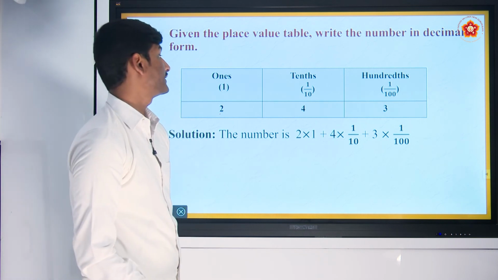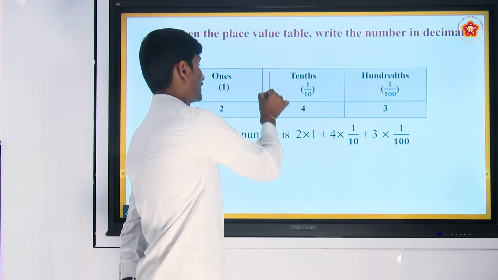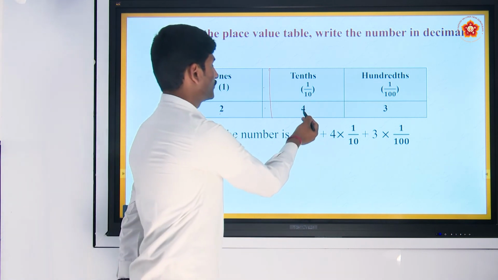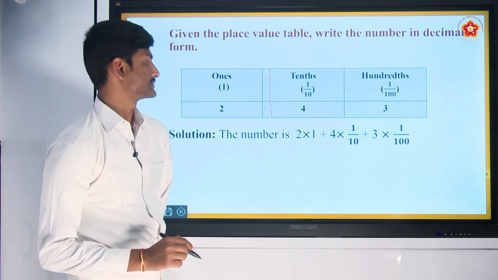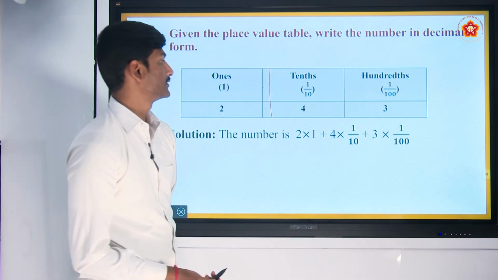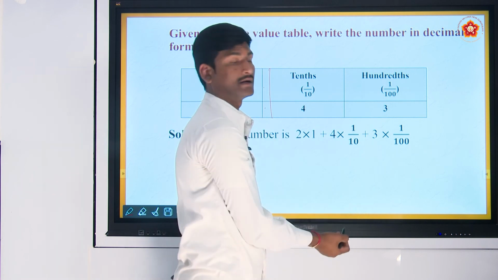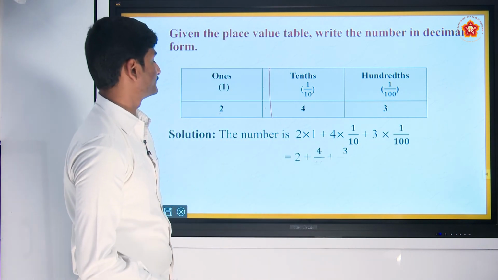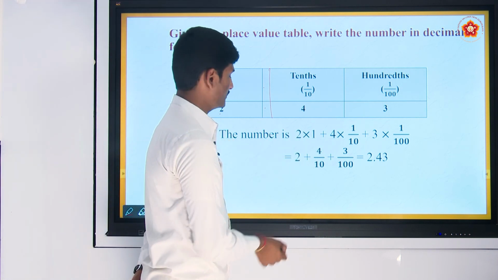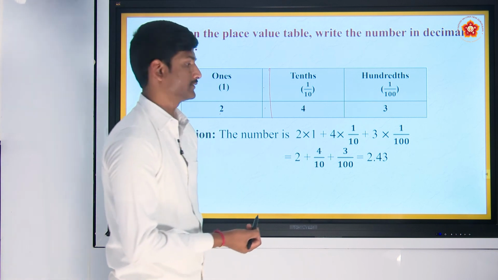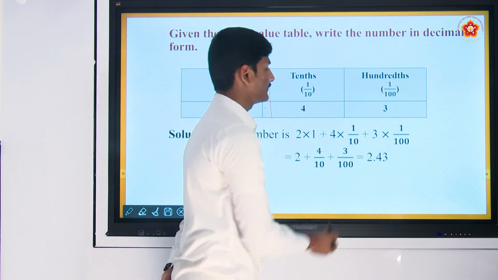Tenths place after the decimal point, 4 into 1 by 10, plus what is the place value of 3? Hundredths place, 3 into 1 by 100. Then 2 into 1 is 2, 4 into 1 by 10 means 4 by 10, plus 3 divided by 100.